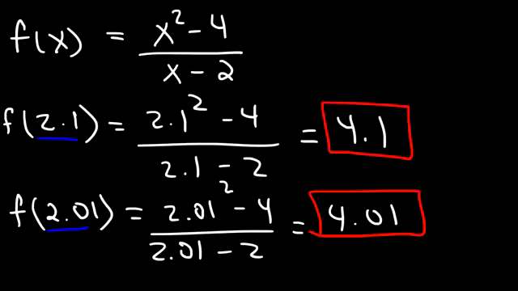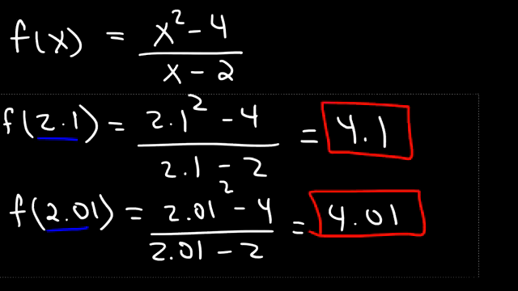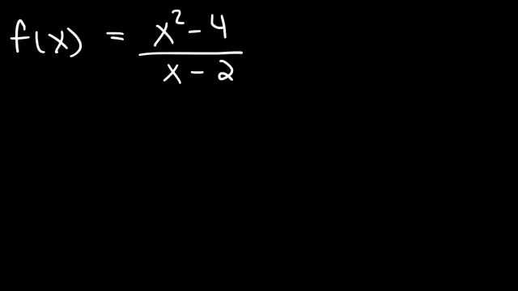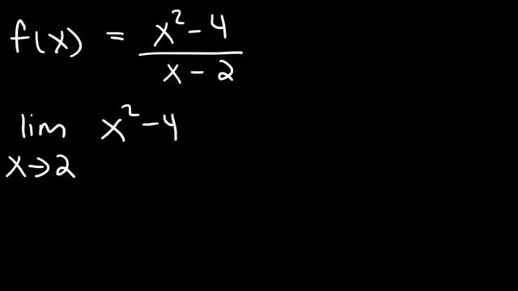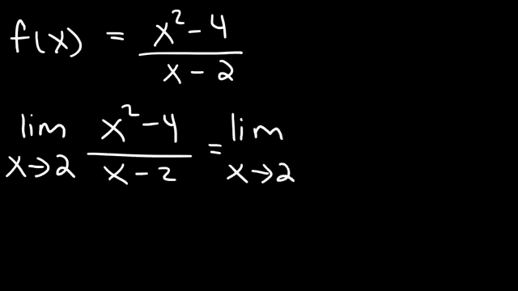Thus, we can use a limit expression. We could say that the limit as x approaches 2 of x squared minus 4 over x minus 2 is equal to 4. But to show your work, what you need to do is factor x squared minus 4.